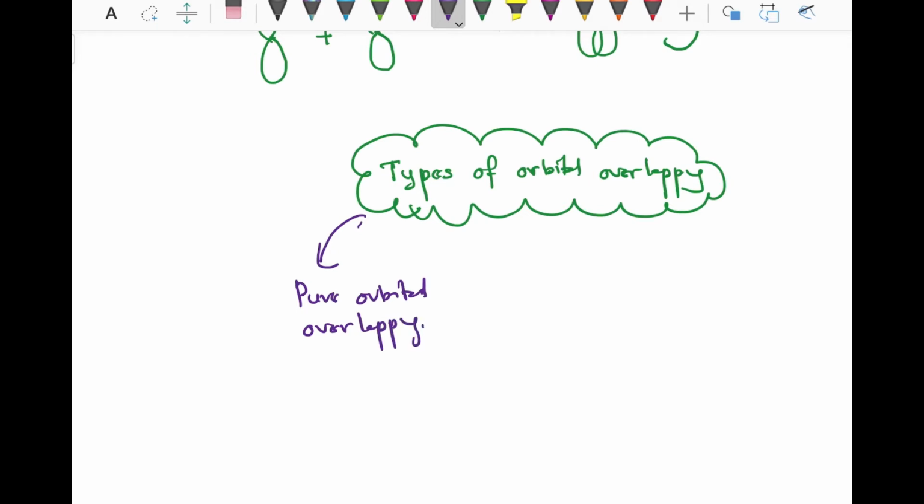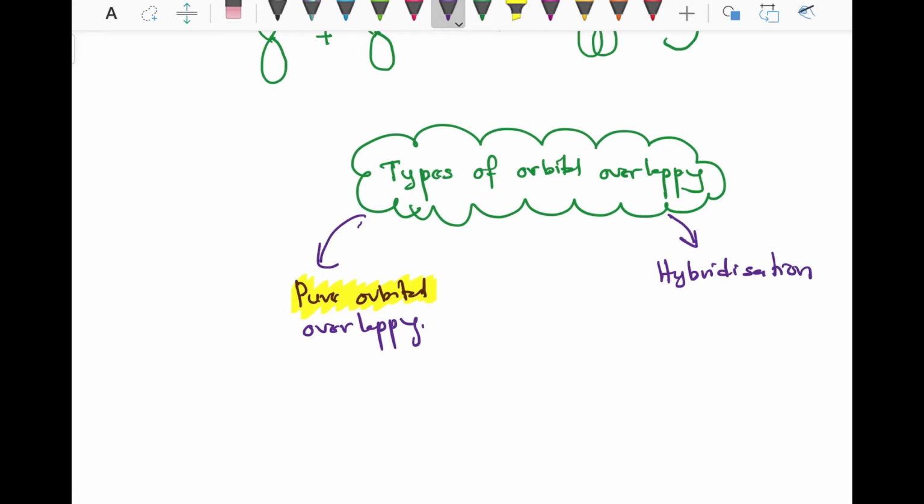What does it mean by pure orbital? It means that the overlapping involves its original orbital. If it is an s orbital, it is still spherical when it undergoes overlapping. If it is a p orbital, it is still a dumbbell when it undergoes overlapping. And the second one, which commonly occurs in a molecule, is hybridization.